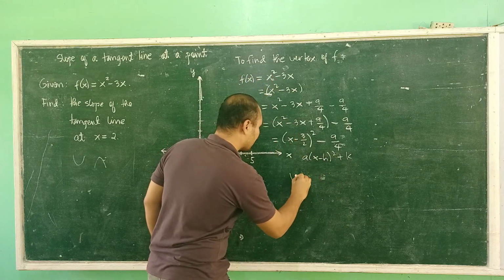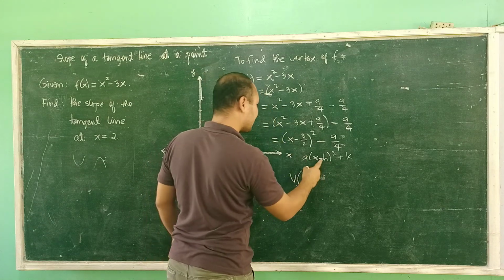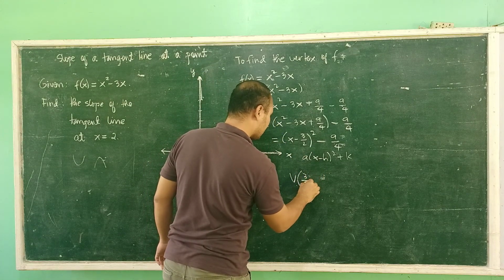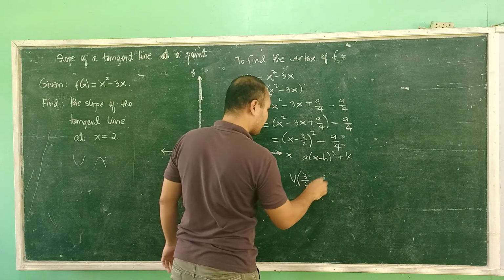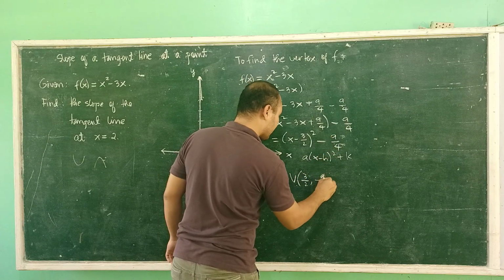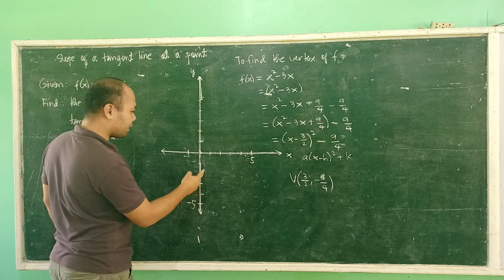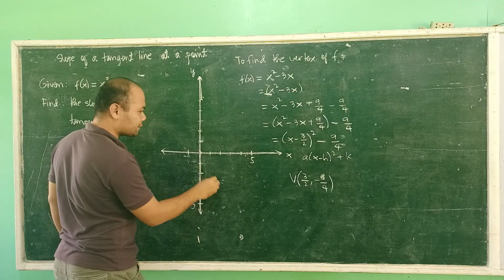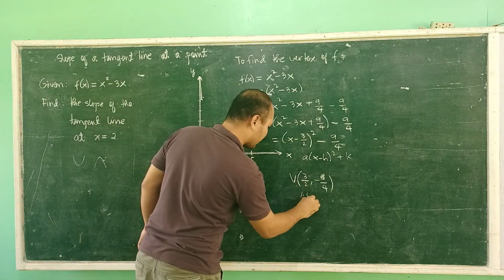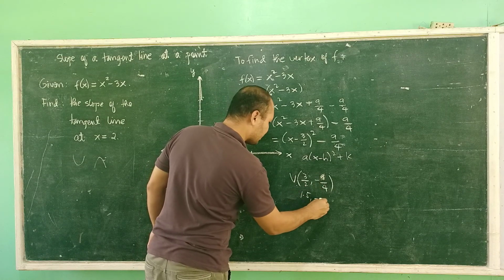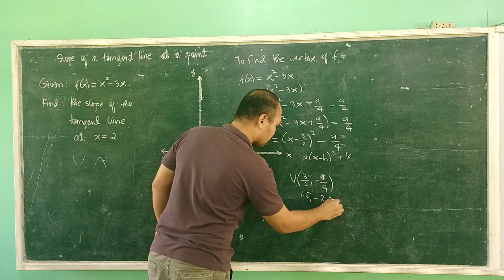So therefore, the vertex of this function is at 3 halves, negative 9 over 4. That is, more or less 1.5, and then negative 2.25.